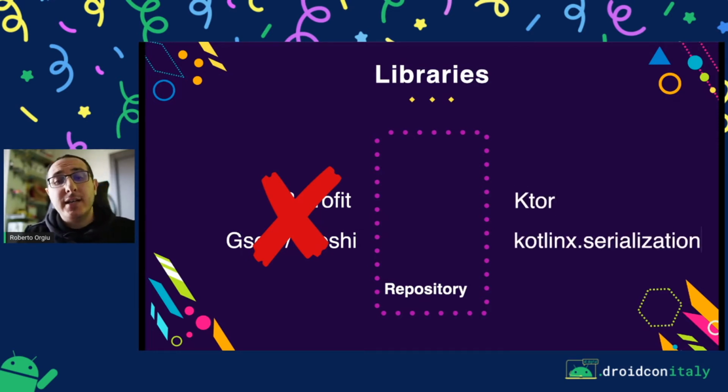For instance, Ktor and Kotlinx serialization. Those are two very good libraries that work basically everywhere, including Kotlin Multiplatform, of course. And we will see that they're not that much different from the other libraries that we just mentioned.